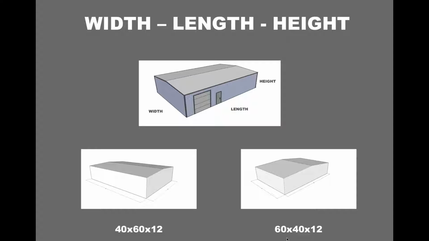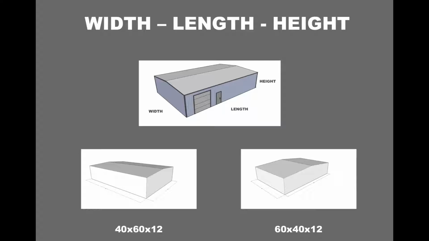Versus if I were to say 60 feet wide by 40 feet long by 12 feet tall, I'd be describing a building that looks like this. And this goes for anytime you describe your building project to anyone in the industry, you're always going to want to go with the width, the length, and the height in that order.